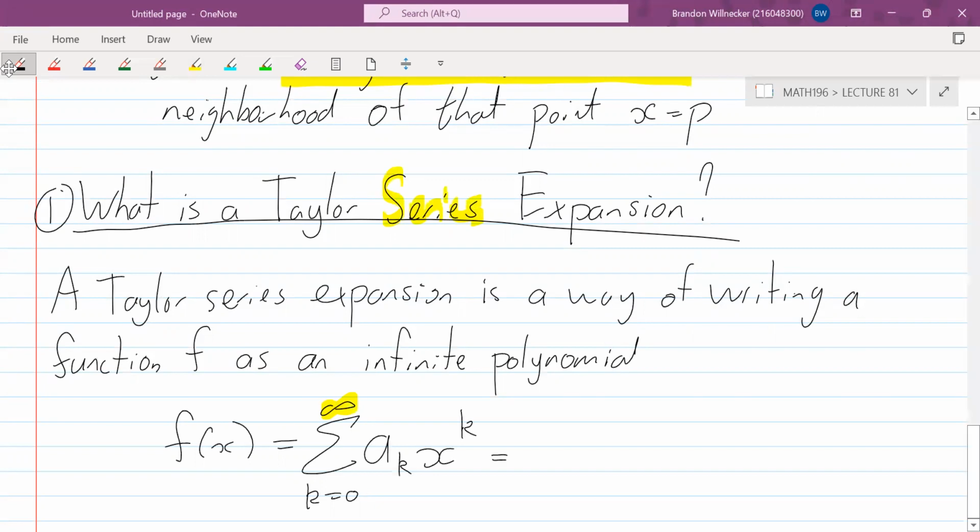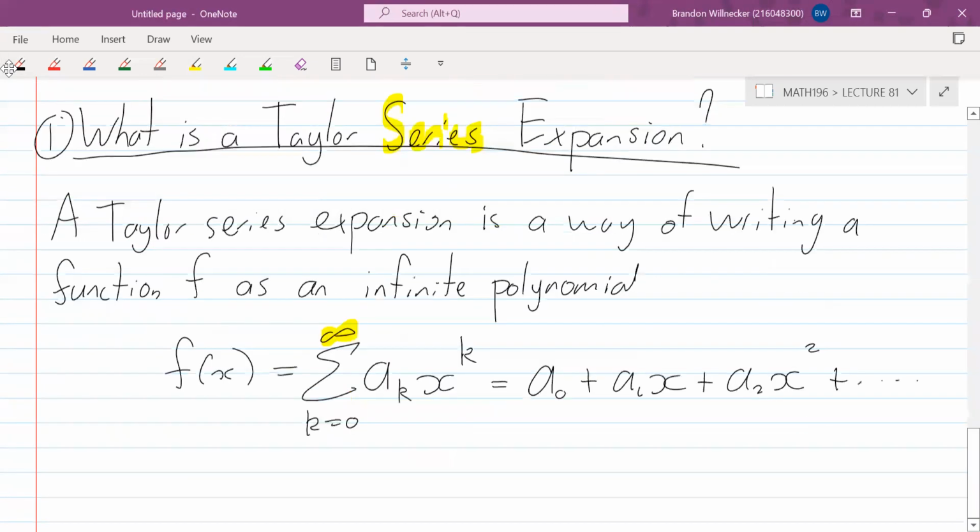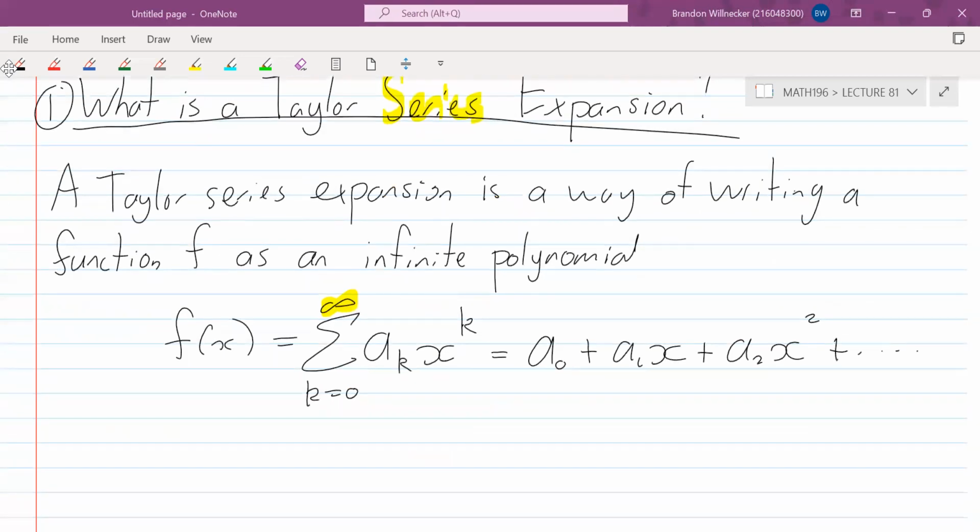So we can write out a couple of these terms. It's going to be a0 plus a1x plus a2x squared plus and so on for infinitely many terms. And we see that this is a polynomial if we truncate at some point. So a0 plus a1x plus a2x squared, if we cut it off there, that's just going to be a quadratic polynomial.